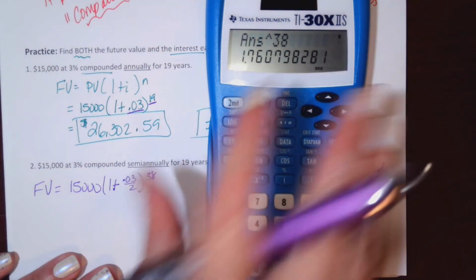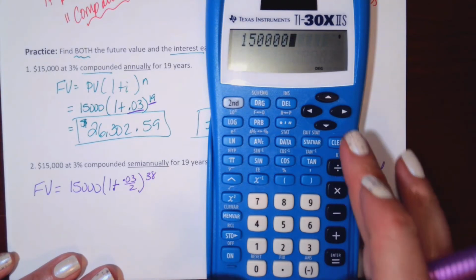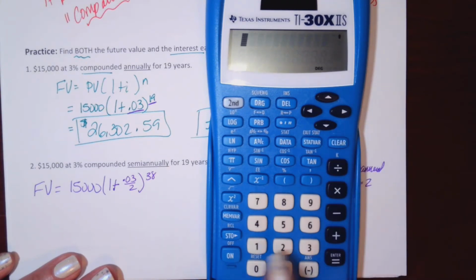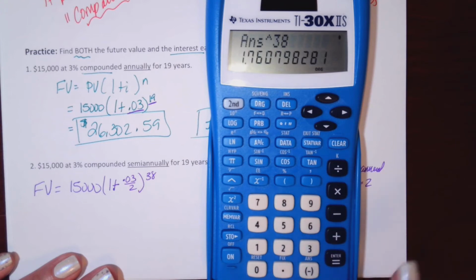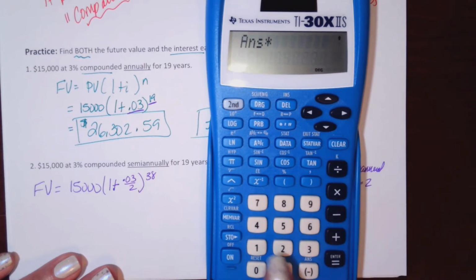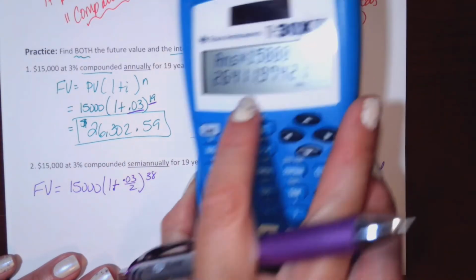My last step is to multiply it by the 15,000. I forgot to hit times because I'm talking. Okay, 0.03 divided by 2 plus 1 to the 38th power, and then multiply that times 15,000. There we go.